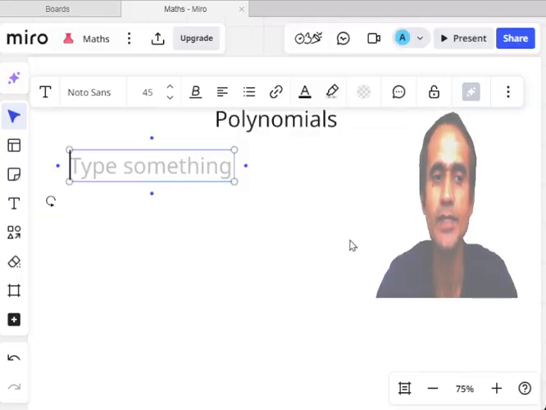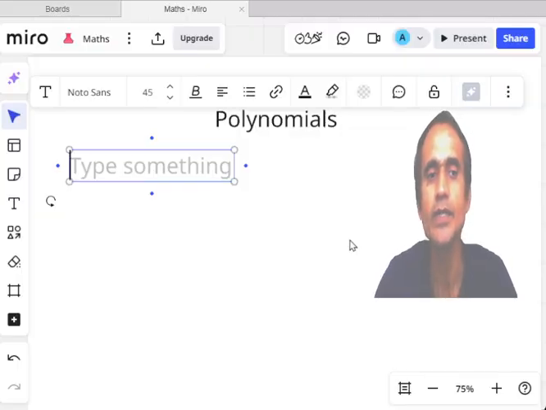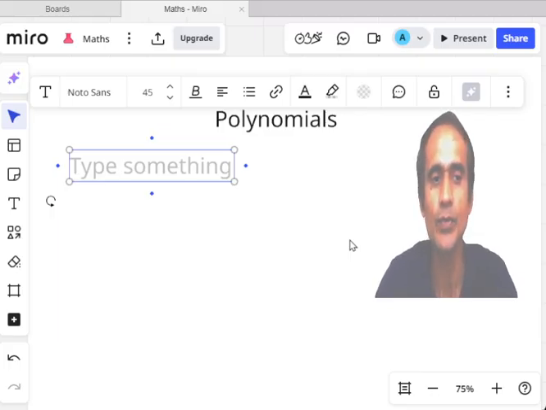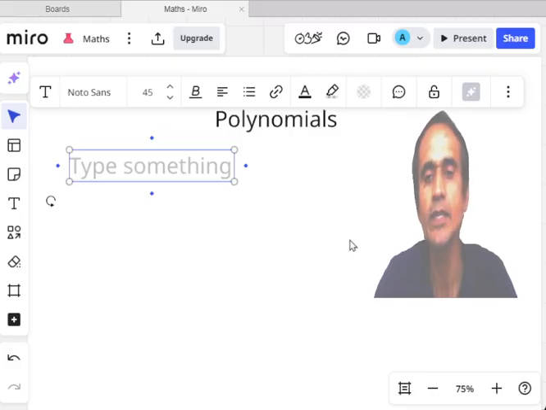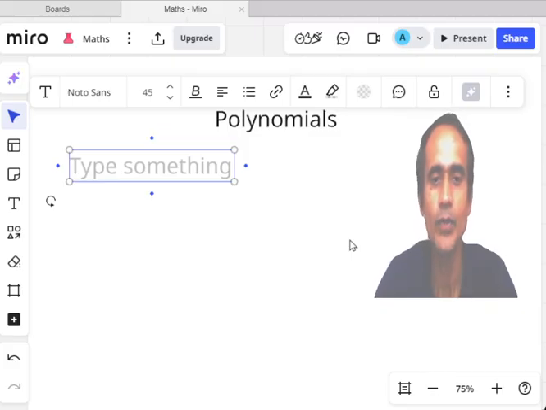Then we will also study the relationship between the coefficients and the zeros of the polynomials. Then we will learn to divide one polynomial by another polynomial.